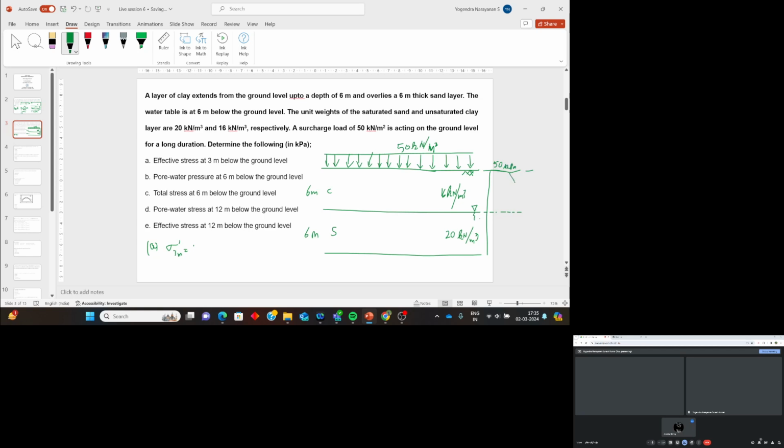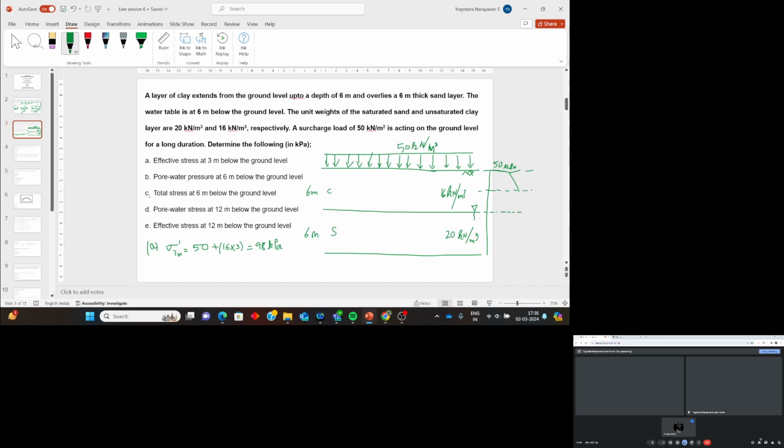So when you need it at 3 meters, you have to add 50 plus 16 into 3. So it will be 98 kilopascal. Always the surcharge will be added to the total stress. Wherever you are calculating, you have to add the surcharge as it is, right?